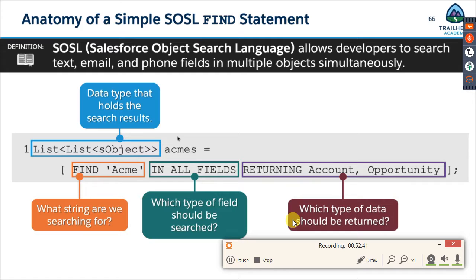Okay, so let's go through the syntax here, because the syntax for SOSL is a little bit strange. First thing, we do not do select, we do a find. Actually, just a little pause, a little parenthesis here. Remember that we only have selects and finds in our query languages.